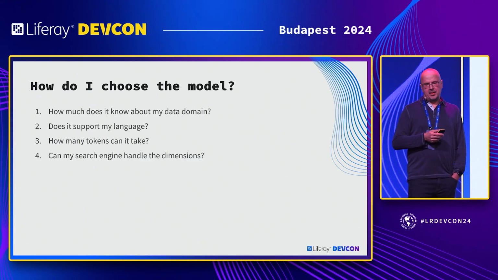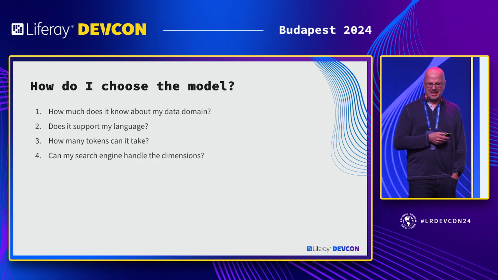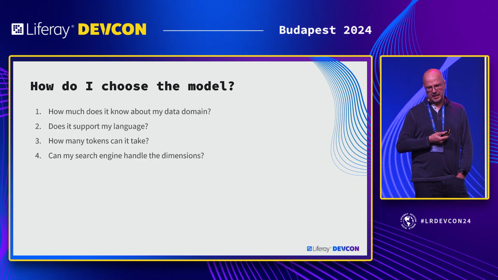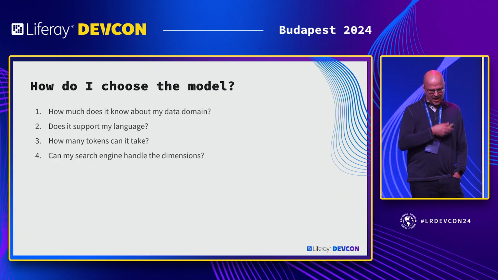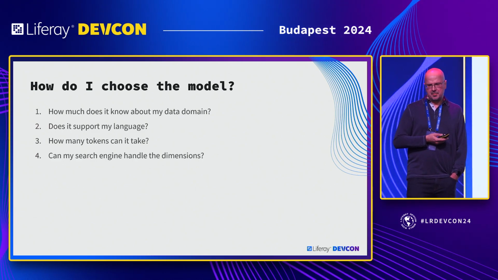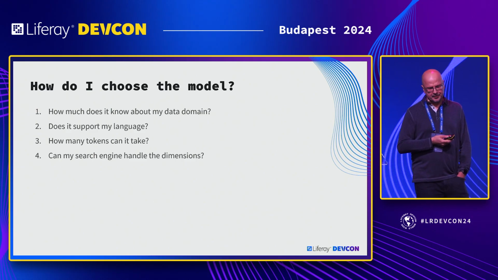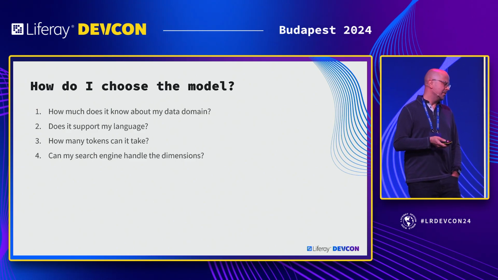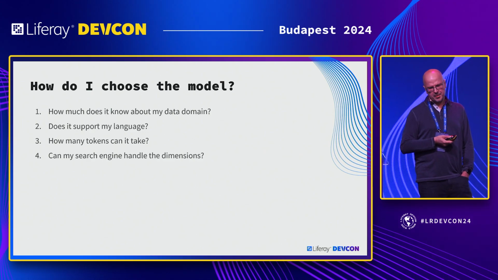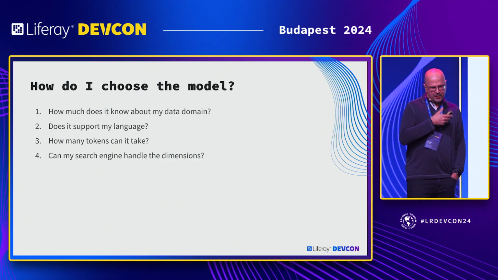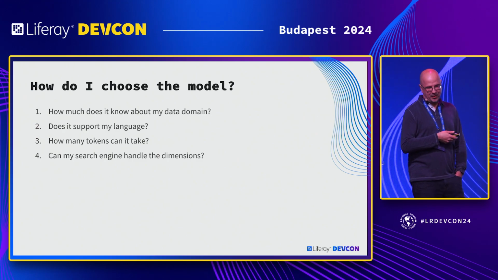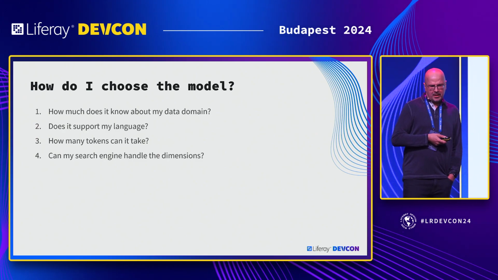So often a couple thousand of characters is sufficient, at least it looks like that in many cases. But if you are having long assets, like this huge PDF, this might become an issue for the quality. So you might go to a model which takes more tokens. And the fourth question is, can my search engine handle all these dimensions?